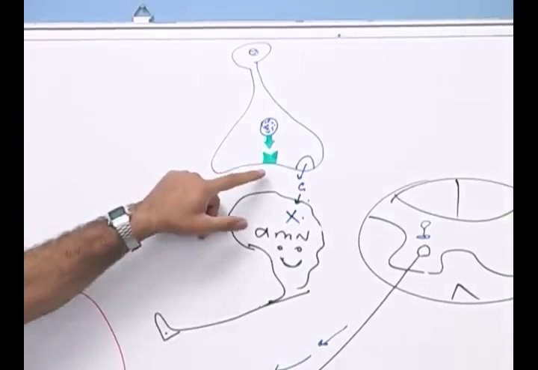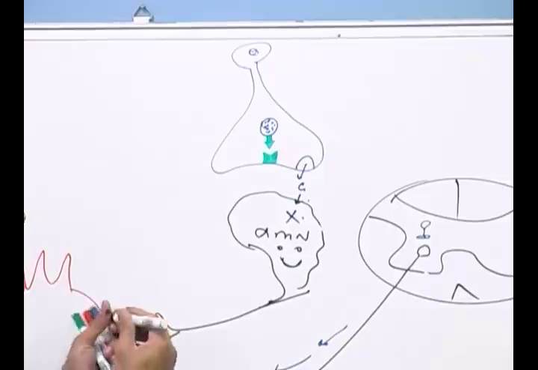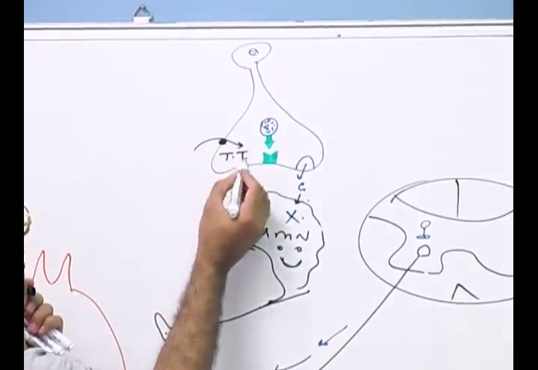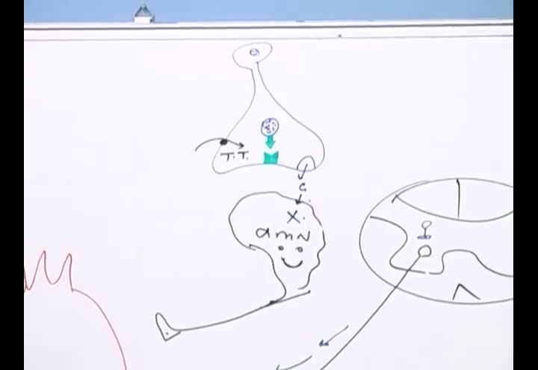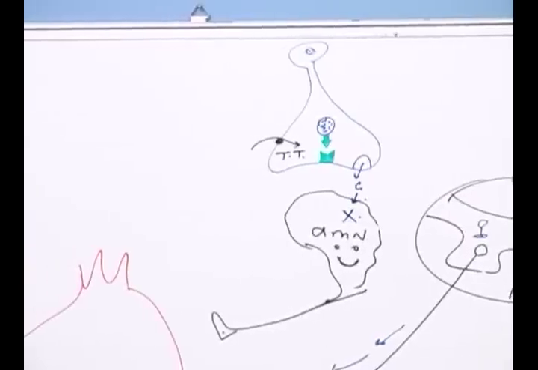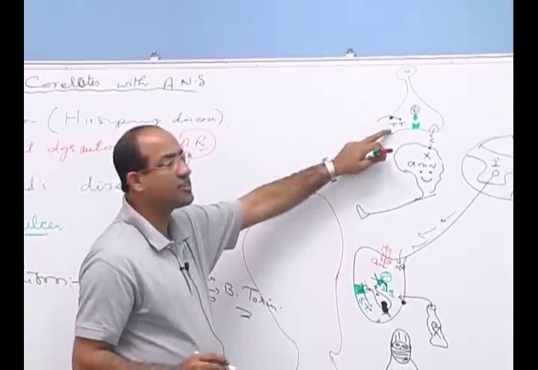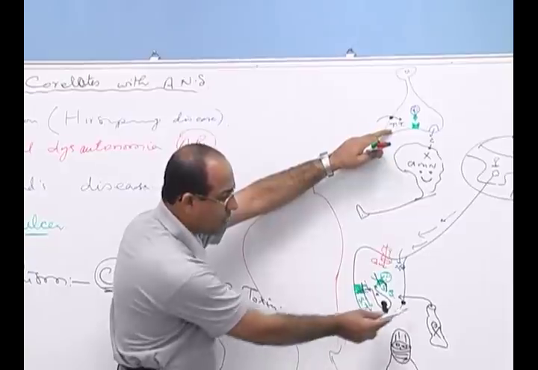Renshaw cells love to concentrate what? Which toxin? Tetanospasmin. So tetanospasmin or tetanus toxin, not tetanus toxoid, it is tetanus toxin, concentrates itself into the nerve endings of Renshaw cells, and there it works exactly the way botulinum toxin works.